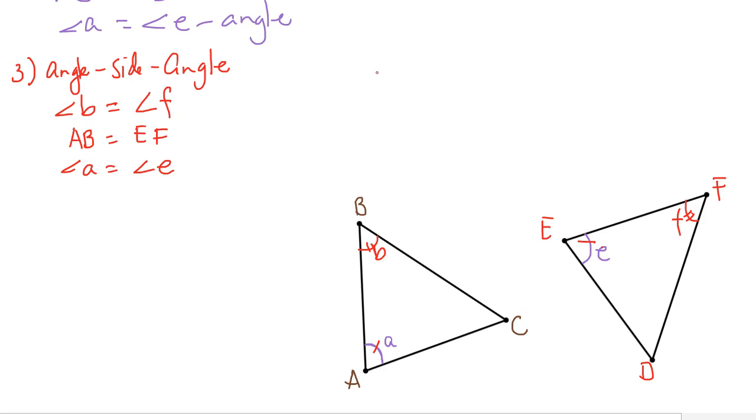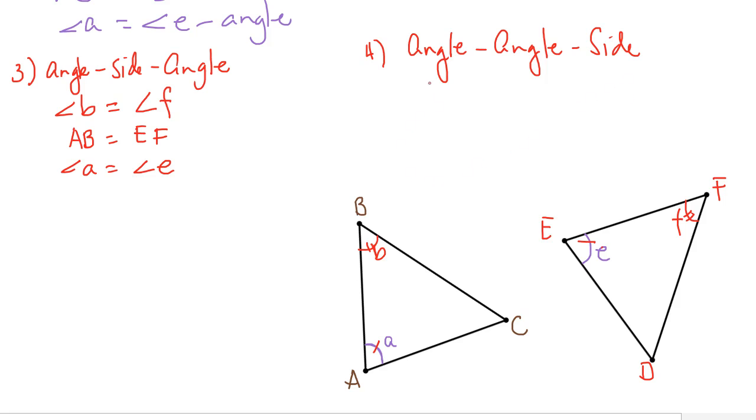Very similar to number 3 is number 4. It is called angle angle side. This side is what we call the non-including side.